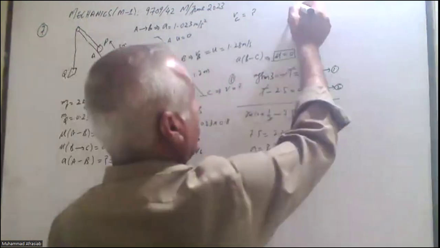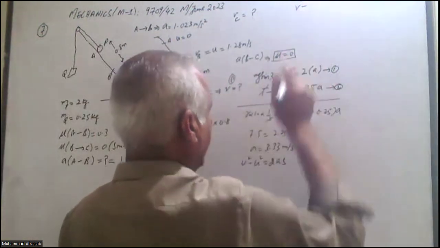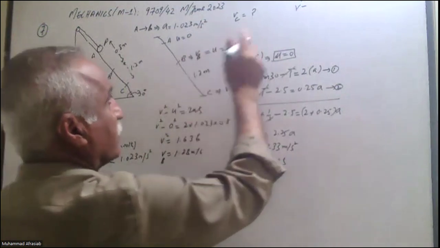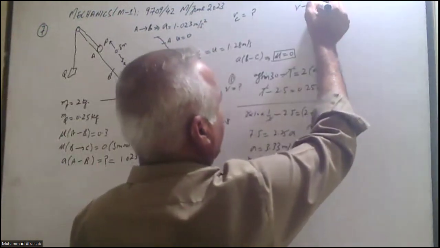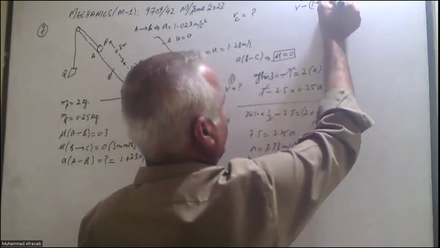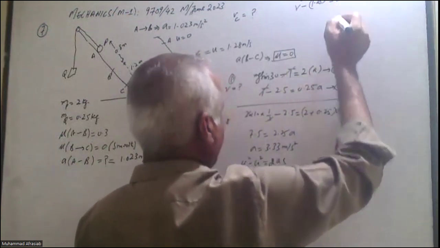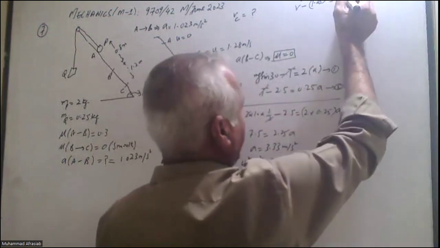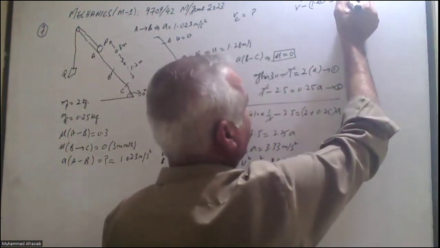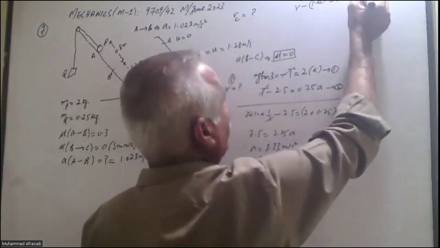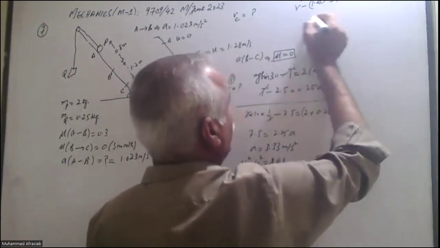Then v square minus u square is equal to 2as, where u is basically the speed at B, which is 1.28 whole square. That is equal to 2 into the acceleration we have got, 3.33, into the distance between these two, 1.2.